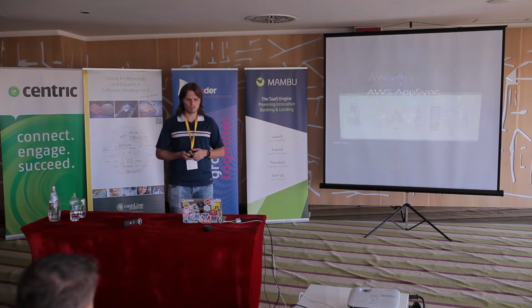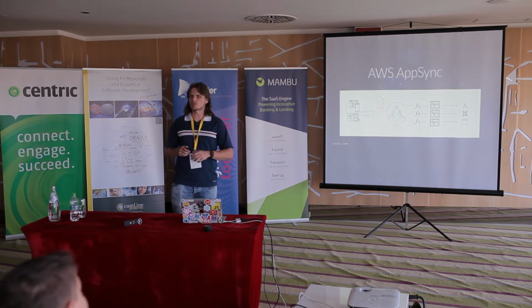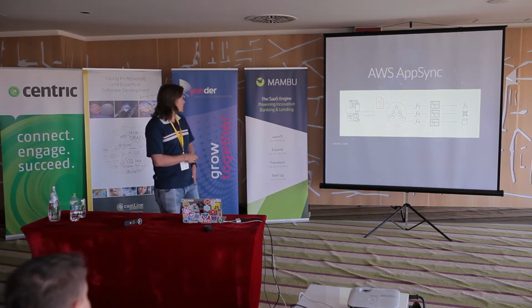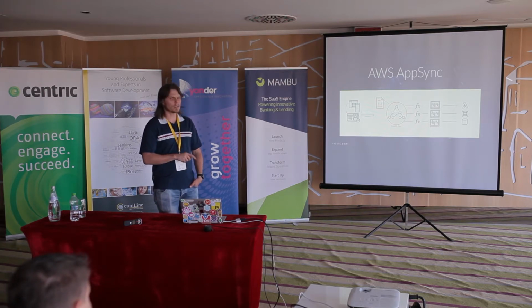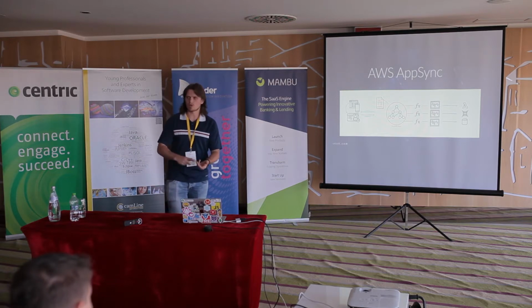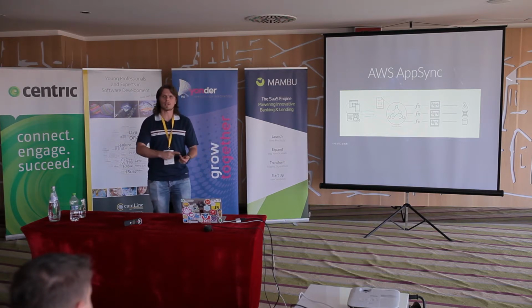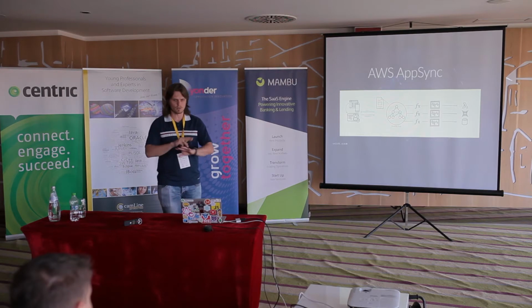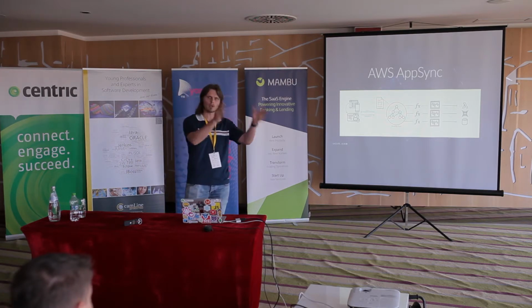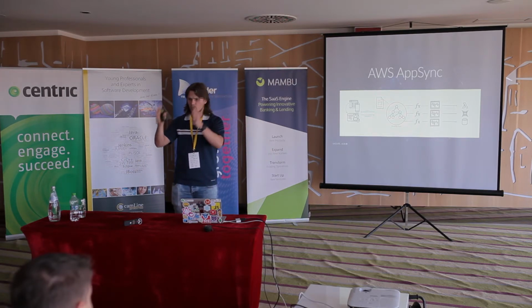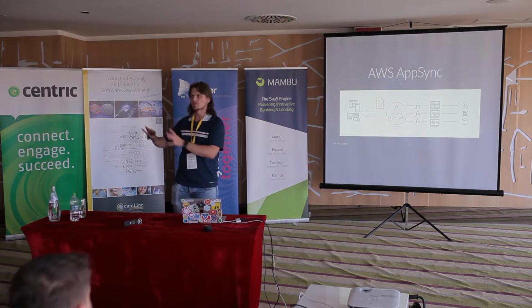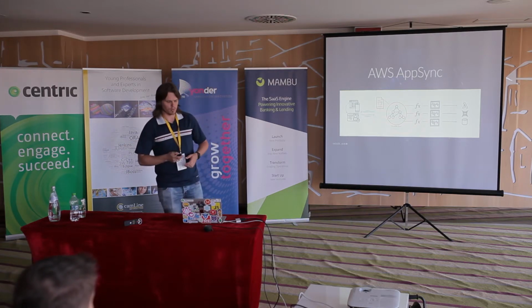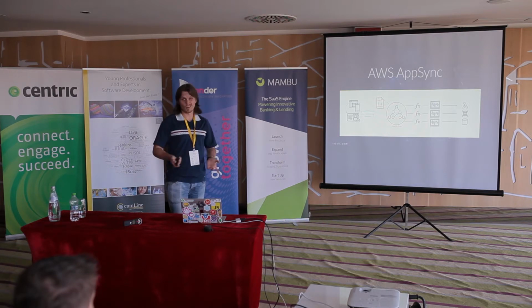Basically, it abstracts everything for you. You have your client, you get your GraphQL proxy, and Amazon can take care of the rest. You have subscriptions, you have the data, you have the tables, you have everything. You don't need to do anything, just configure your schema in GraphQL, put it on the servers, and it will take care of everything. So it's really cool, right?